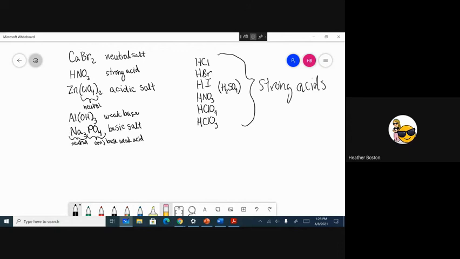But that's not the case. So just keep in mind, if you see a question asking for a general possibility of the pH of a solution with a salt, you have to look and see what kind of salt it is based on its anion and its cation.